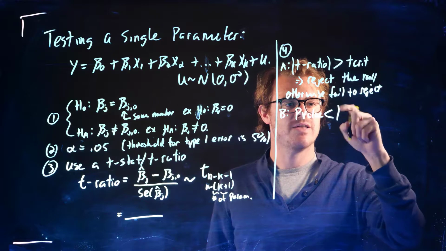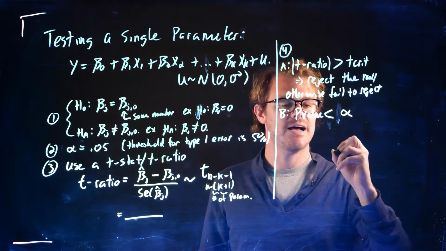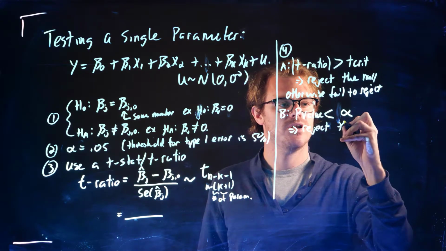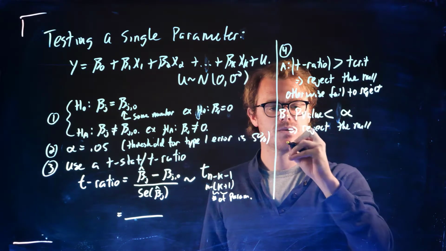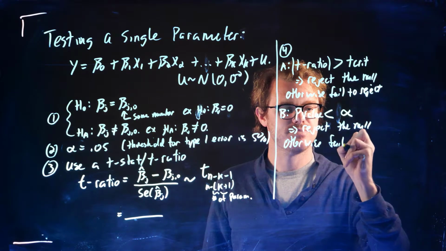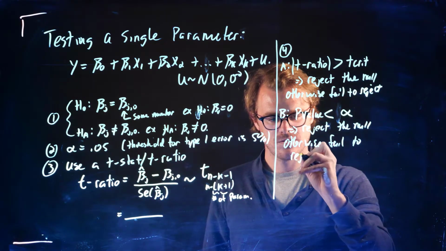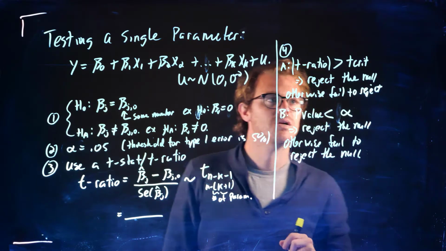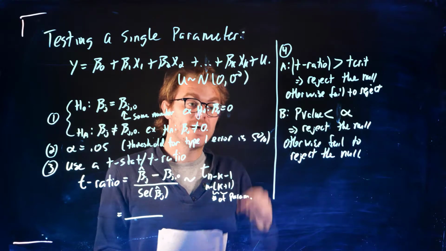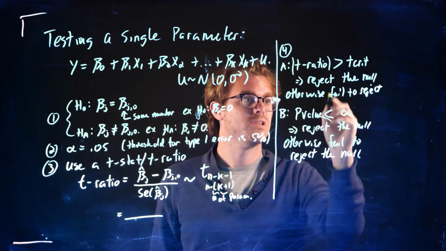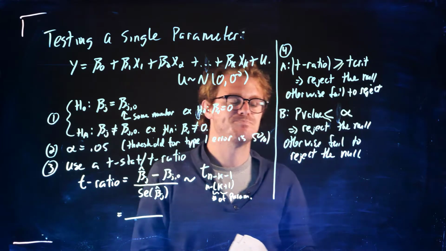So if this is greater than alpha, or sorry, less than alpha, we reject the null. Otherwise, fail to reject. All right, I guess I should put less than or equal to and greater than or equal to.